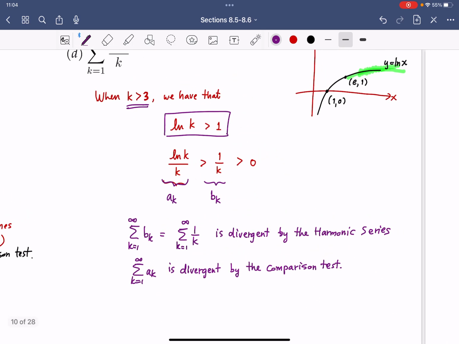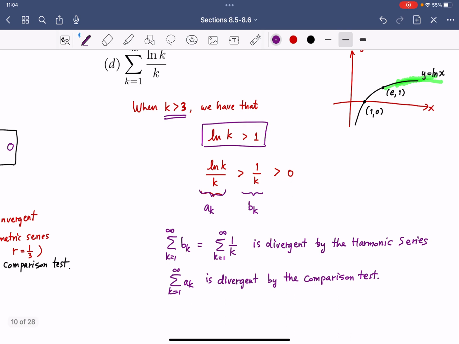Technically, when you do this one, you have to say k starts from 3, because k is bigger than or equal to 3. So you choose to start from k equal to 3 if you want to be perfectly correct.